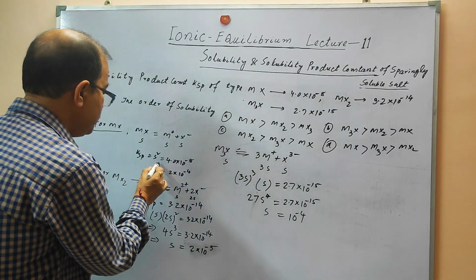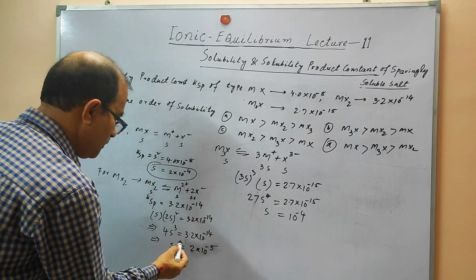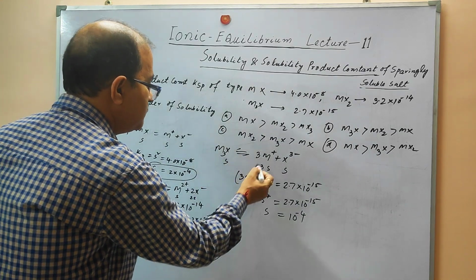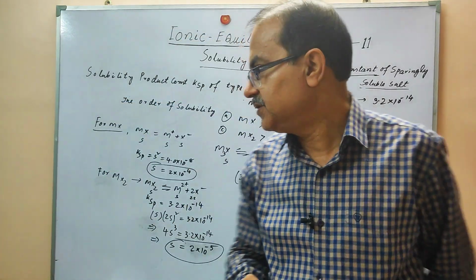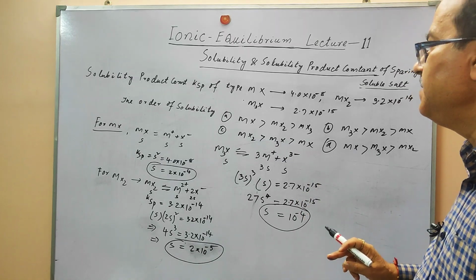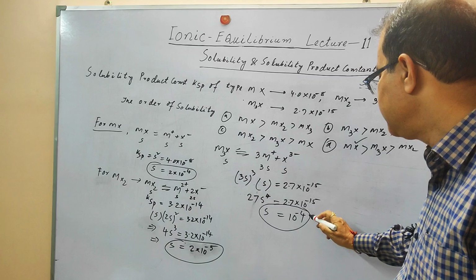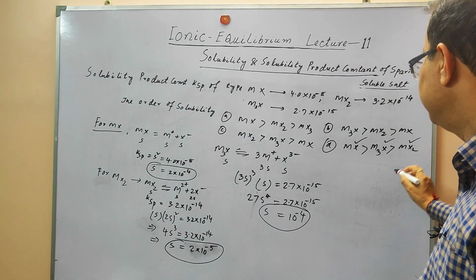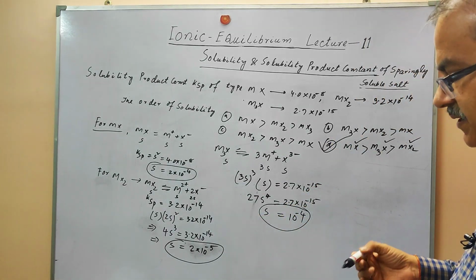So we get the solubility of this MX and the solubility of MX2 is 2 × 10^-5, and the solubility of M3X is 10^-4. So from this we can easily say that the solubility of MX is the highest, followed by M3X at 10^-4 and MX2 at 2 × 10^-5. So D option will be the correct answer.